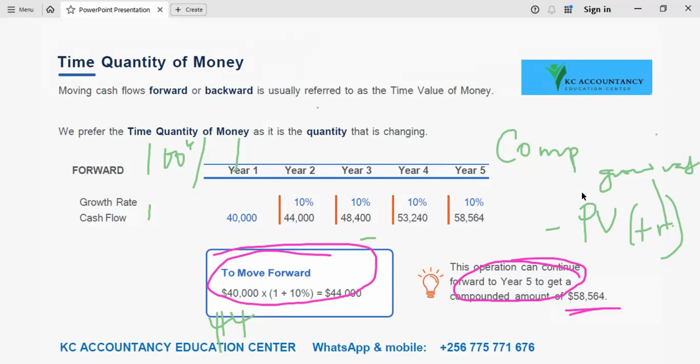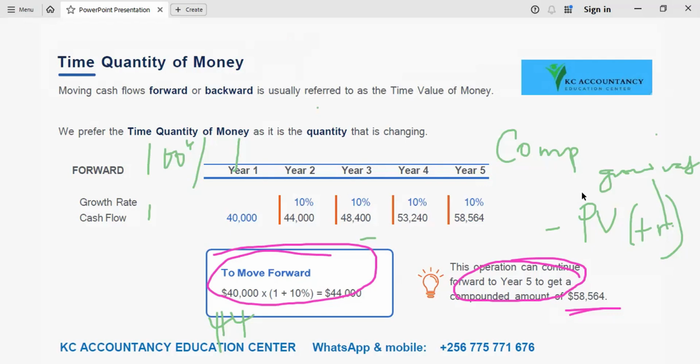That's the first way that we compute the amount that we shall have in the future, and we refer to that repetition as compounding. So we compounded from the original $40,000 over and over through these years to get to the total of 58,564 by year 5.